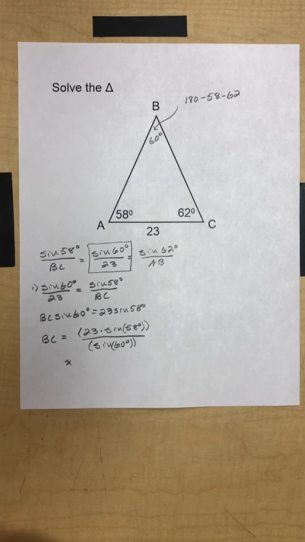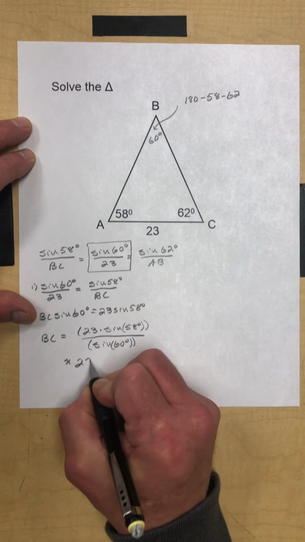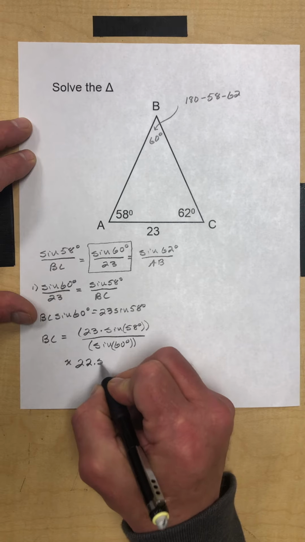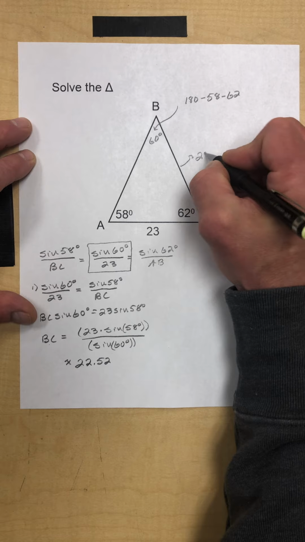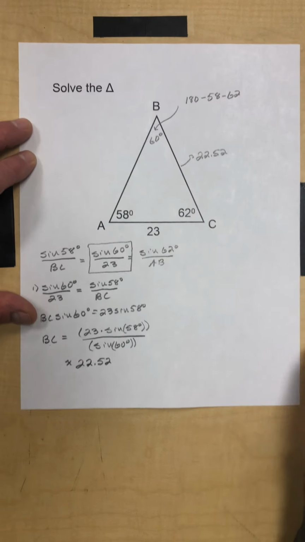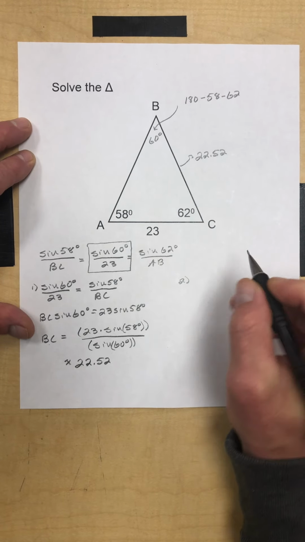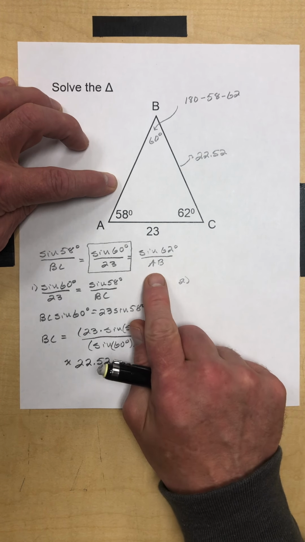Okay, so let's see, parenthesis 23 times the sine of 58, double parenthesis, divided by parenthesis, sine, and the parenthesis comes up, 60, double parenthesis. Okay, and I'm getting, when I round things off, 22.52. Okay, so my BC right here is 22.52.